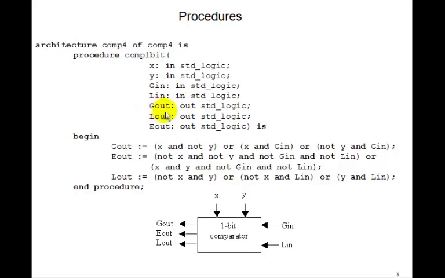And the outputs are G out, L out, and E out. So this is what we're making. And all we do between begin and end procedure is write down the logic equations for G out, for E out, and for L out that we got from the Karnaugh maps. So this defines this 1-bit comparator that we called comp 1-bit.